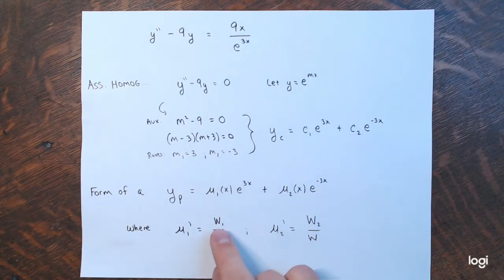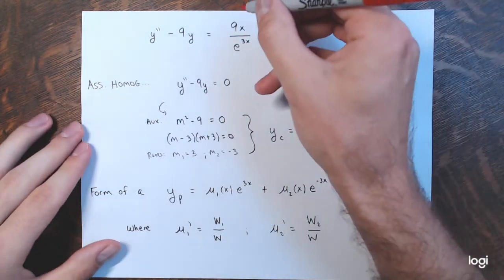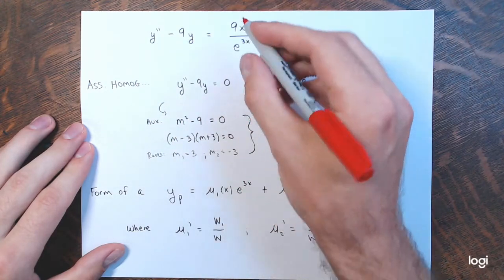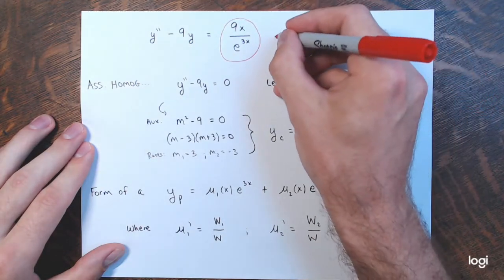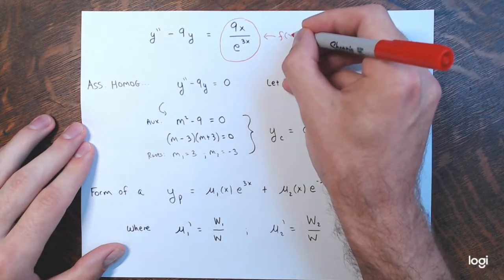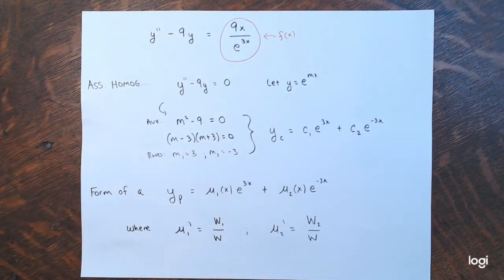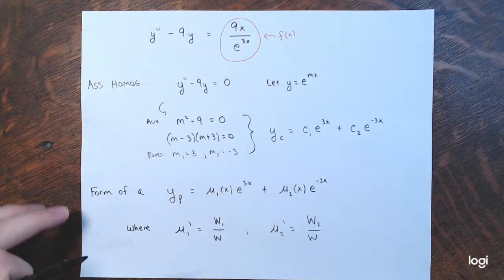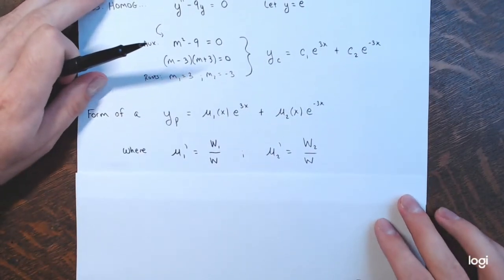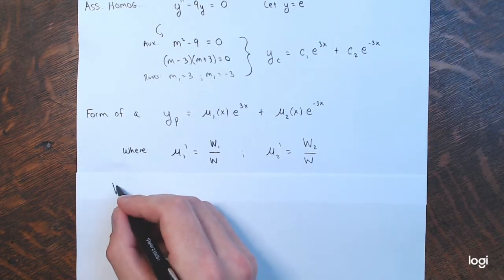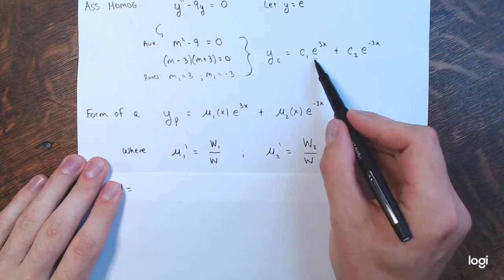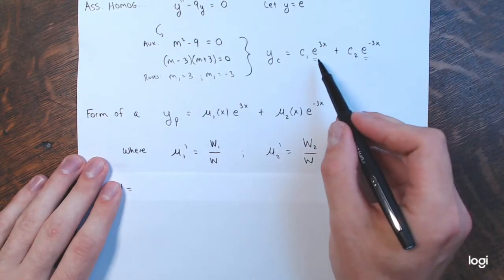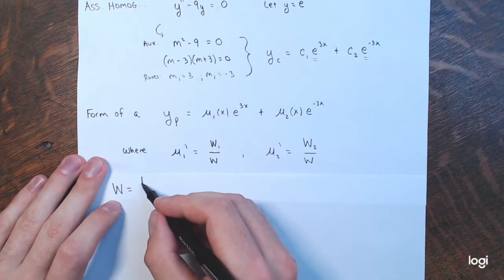Okay, so before I set up these Wronskians, remember this is in standard form already. So this 9x divided by e to the 3x, that's the f of x I'm going to be using when I replace certain columns in my Wronskians. Alright, so first let's look at w, where w is just the Wronskian of these two functions from the homogeneous solution, the e to the 3x, e to the negative 3x.